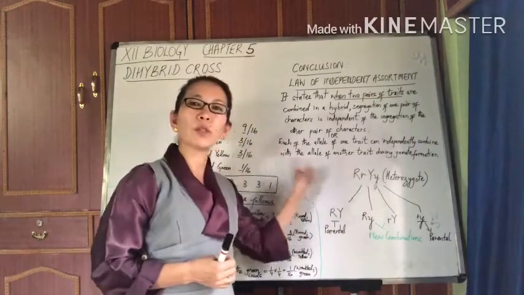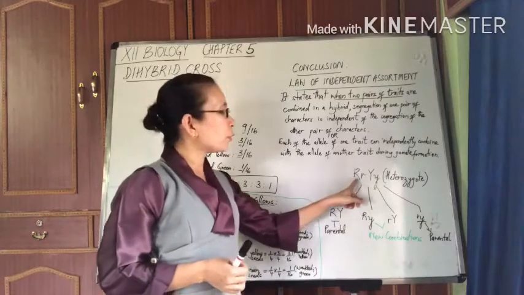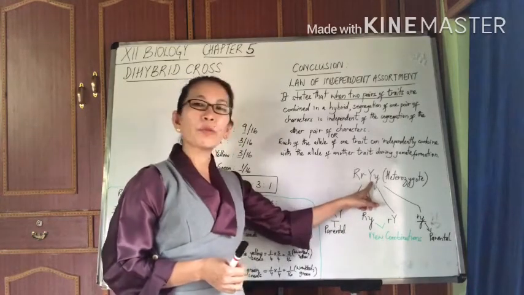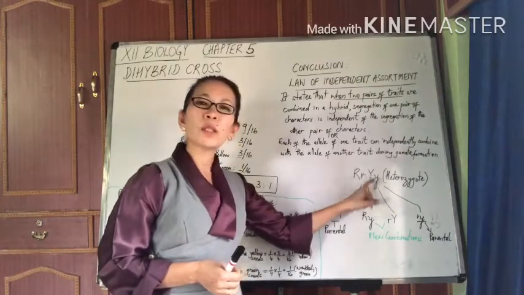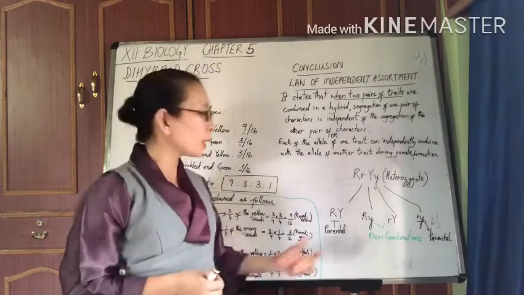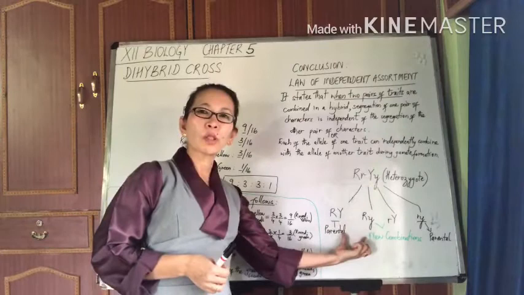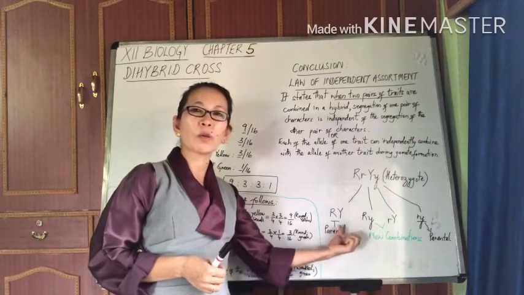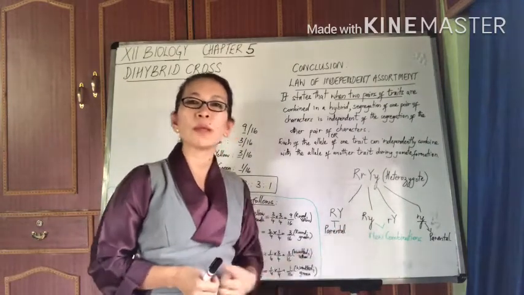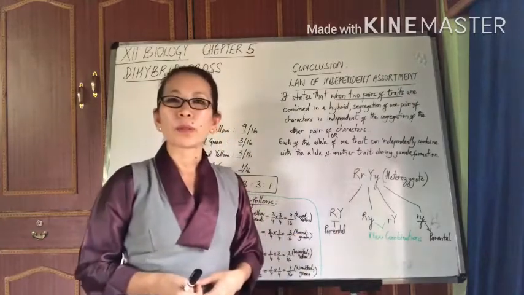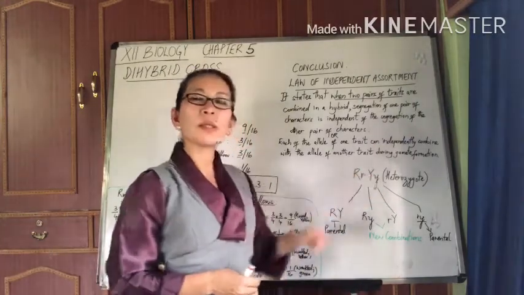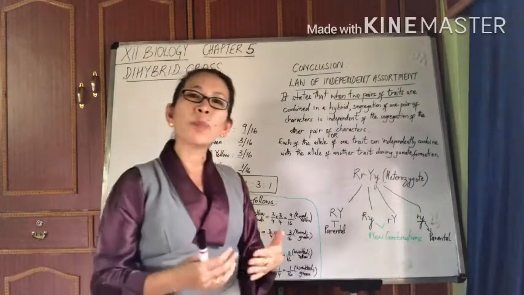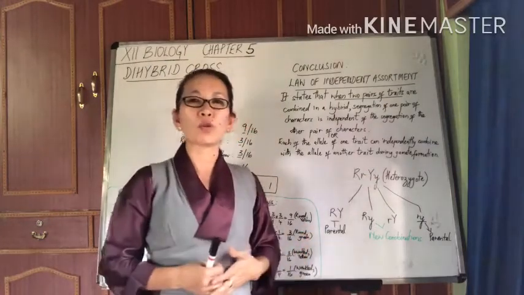We realized even during our cross that the first R can go with the first Y, or the first R can also go with small y, because of which we have two possible combinations: round with yellow, or round with green. In the same way, the second trait, the yellow trait, need not always combine with round.